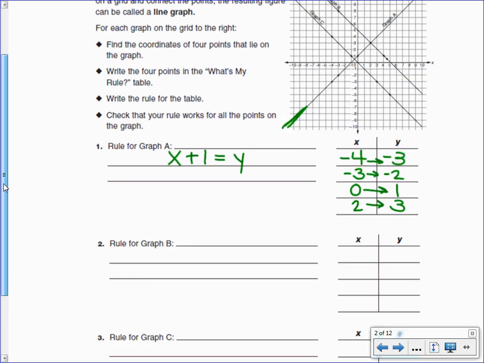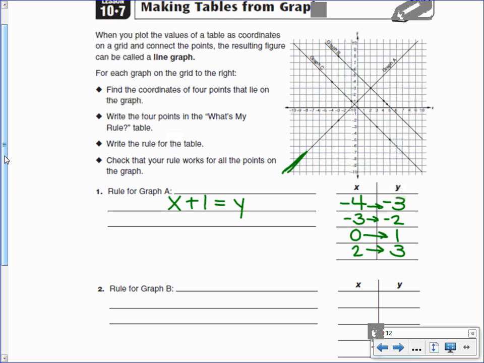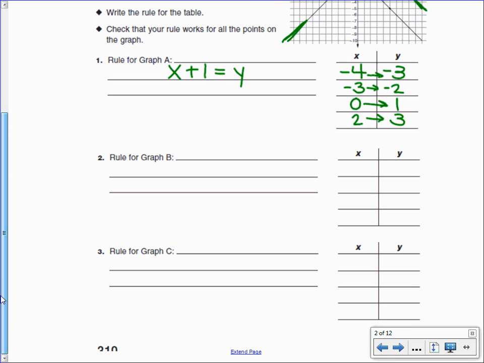Okay, let's look at graph B. What are some of the points on graph B? 4.5 and 4.5. Good job.